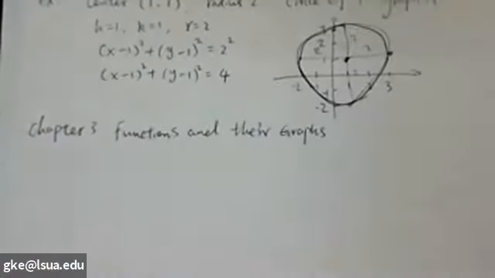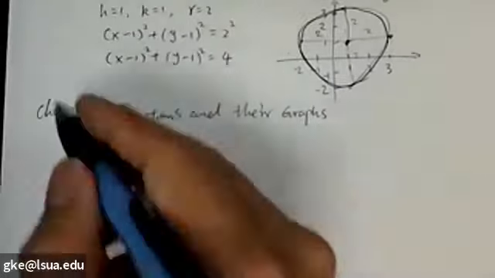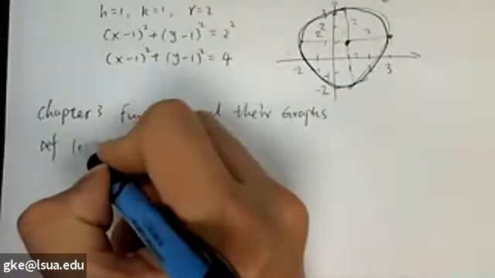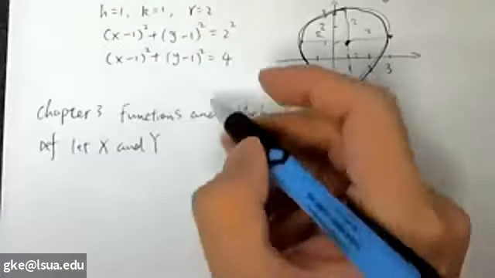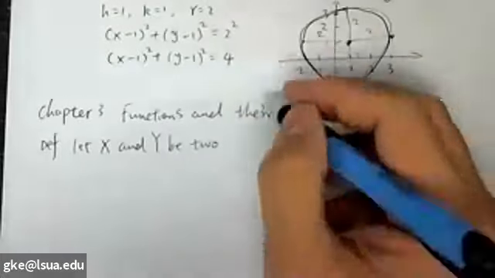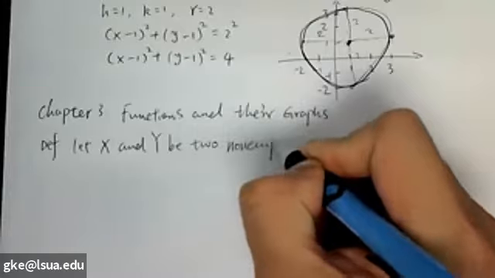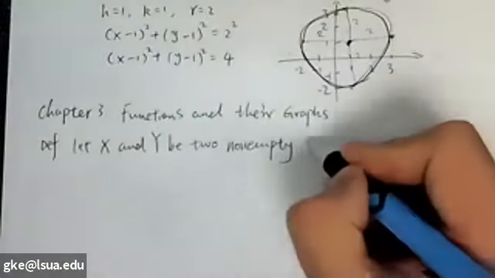Okay. Definition. Let x and y be 2 non-empty sets.